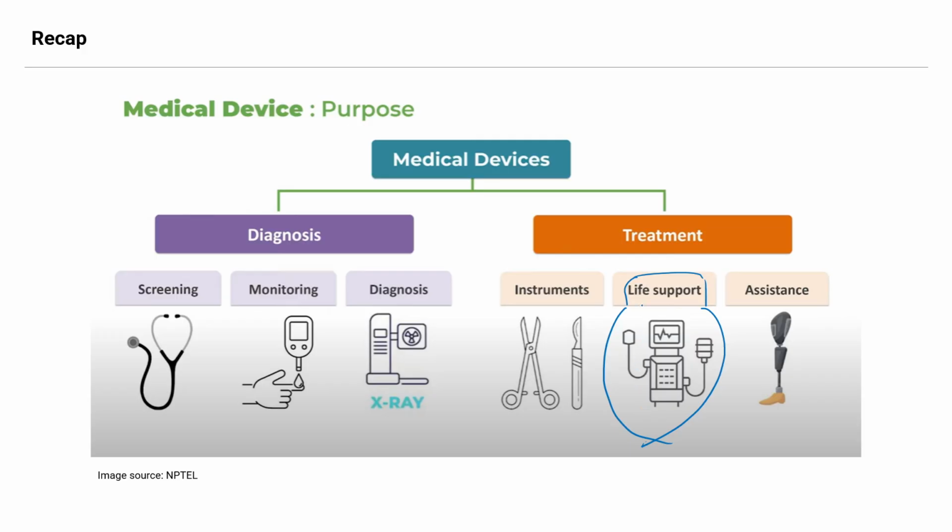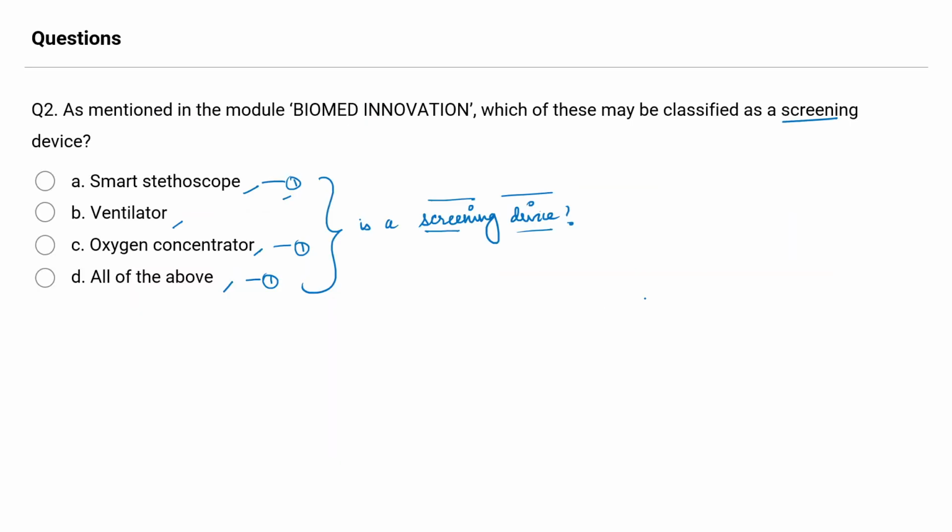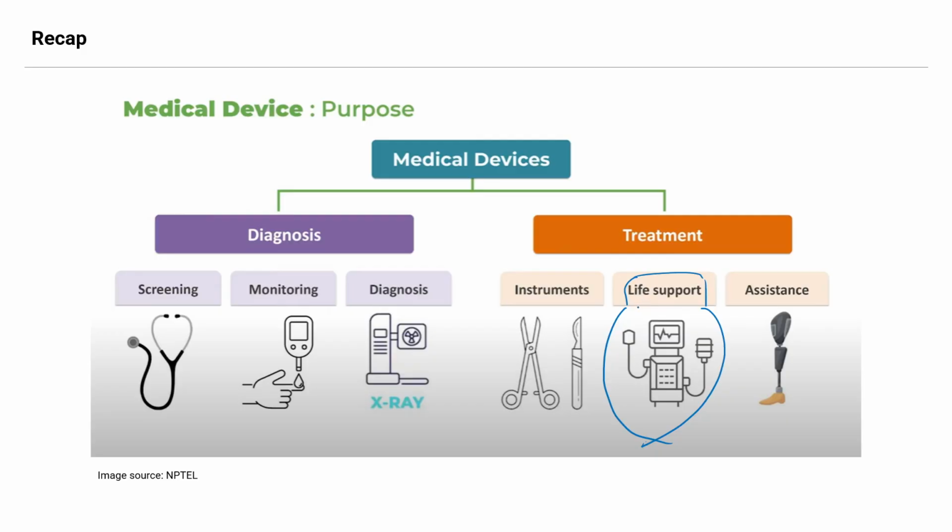And similarly, oxygen concentrator also, because it is used when you are low on oxygen and you need to have it continuously provided to you. It's a matter of life and death, and this comes in the category of life support devices. What are the screening devices?